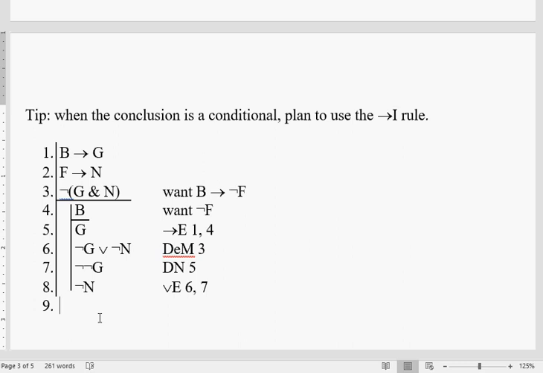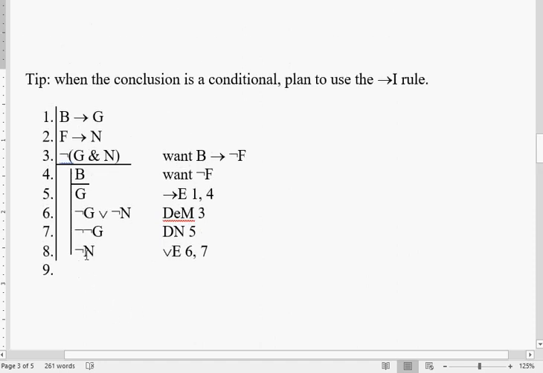By the way, I have a short arrow. Let this inner rightmost vertical line go down a little bit. Now not N hooks up with line 2 to give me not F. So not F follows by modus tollens from lines 2 and 8.